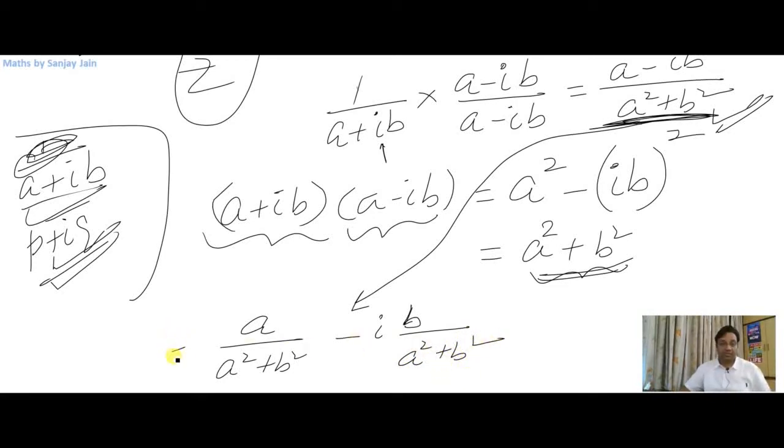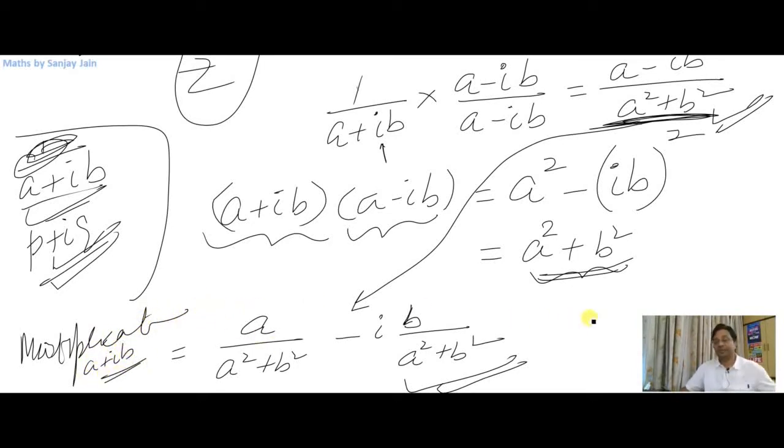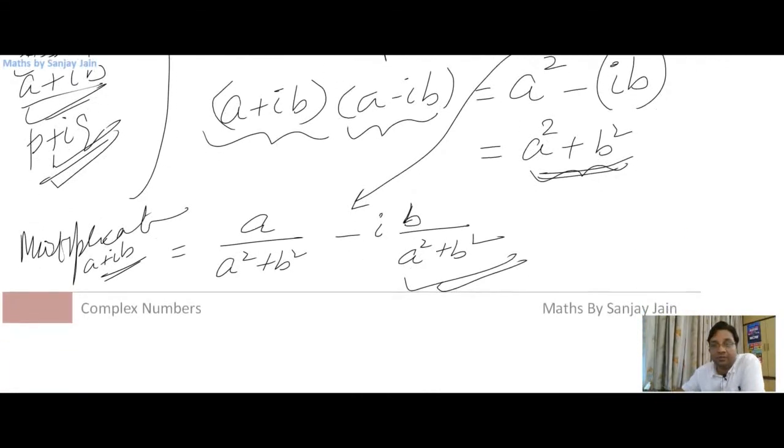Now this is the multiplicative inverse of a non-zero complex number a plus iota b, right? So the only thing that you need to take care of is that it should be non-zero.